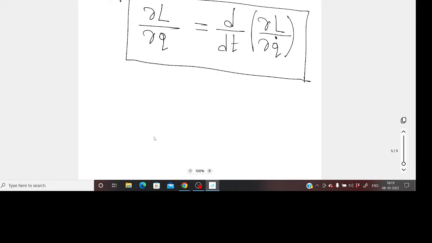No. We are just told to solve some problems from previous year GATE papers. Okay, that's all. This is just for your convenience. We are just told to solve some previous year problems of GATE exam, GATE physics.